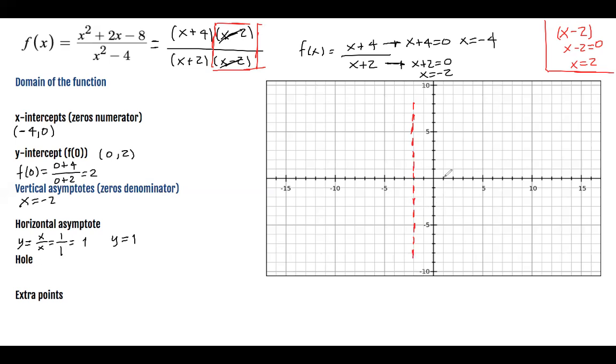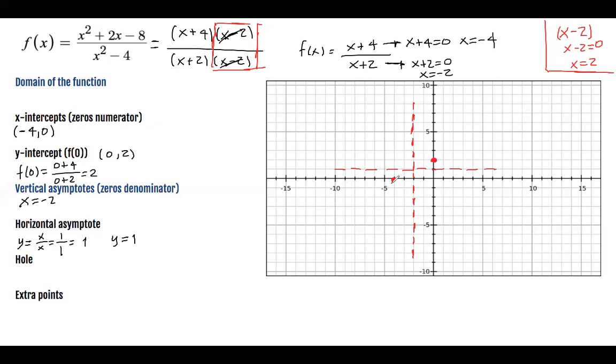And the horizontal is up here. Now the x-intercept is at minus 4, comma 0 over here. The y-intercept, we are going to find it at 0, comma 2, so roughly here.